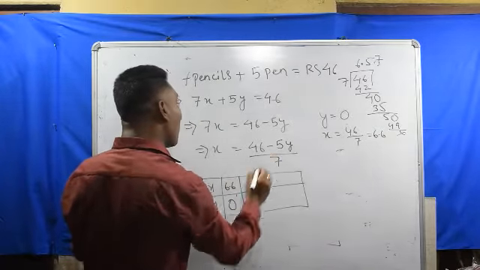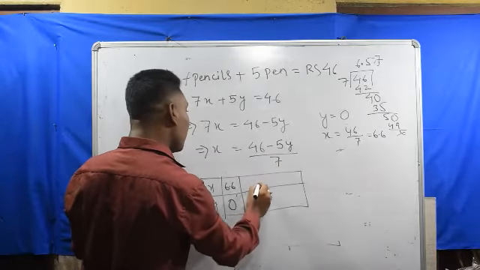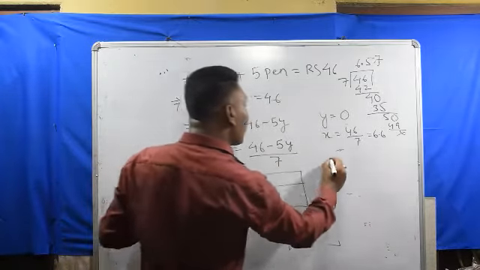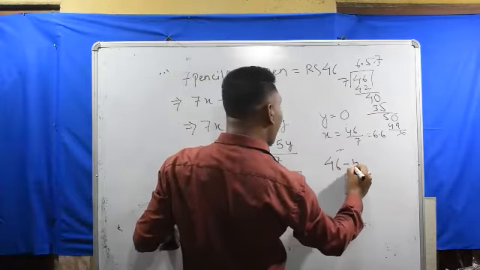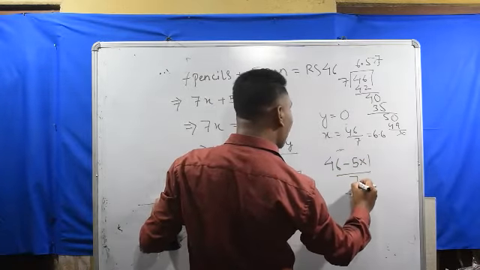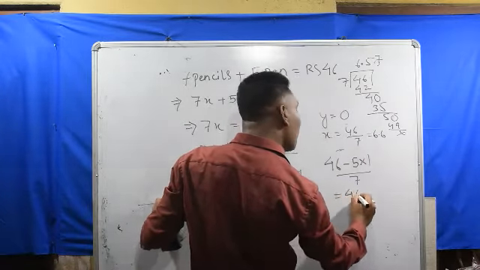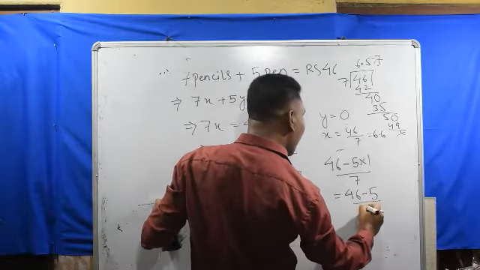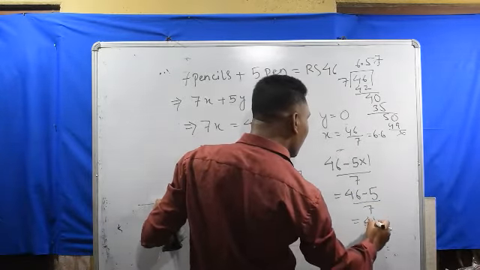If the value of y becomes 1, then 46 minus 5 into 1 by 7 is equal to 46 minus 5 by 7, which is equal to 41 by 7.